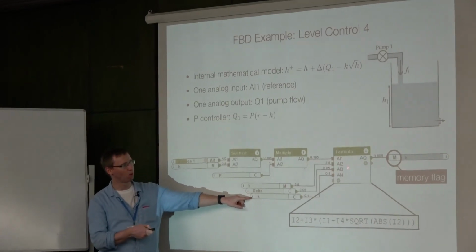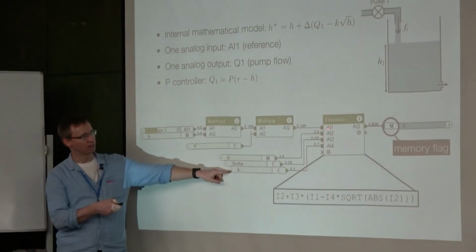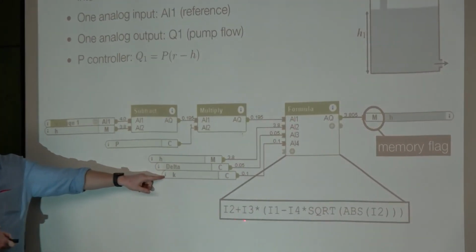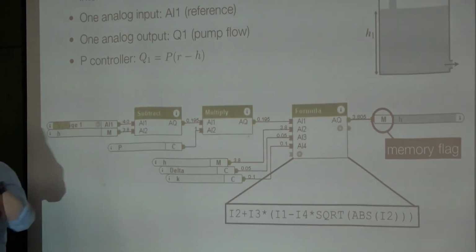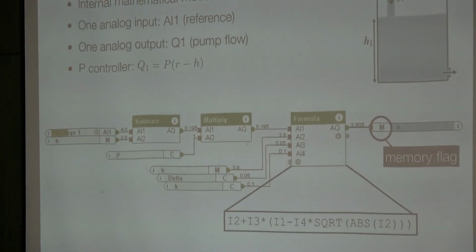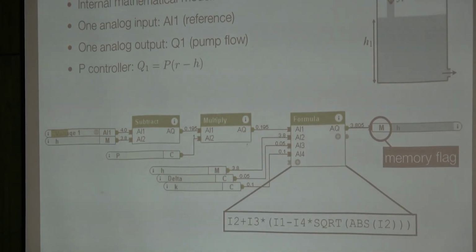Inside of this block, the inputs are marked as I1 to I4, and you can put your favorite mathematical formula as long as it operates on 4 inputs. And it computes the update of the water level, which is then stored to something called a memory flag.